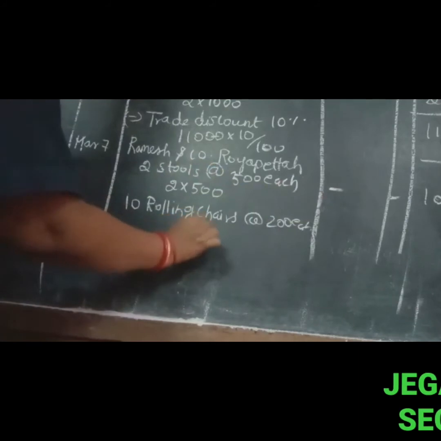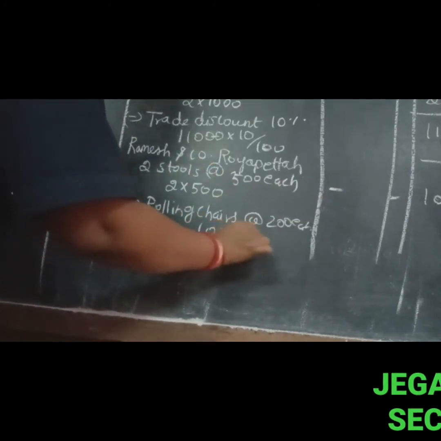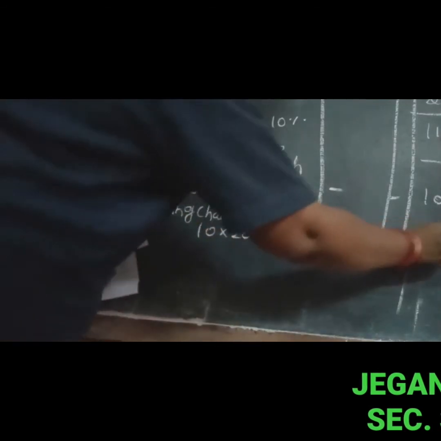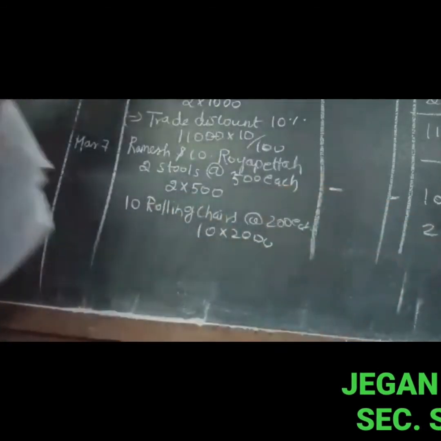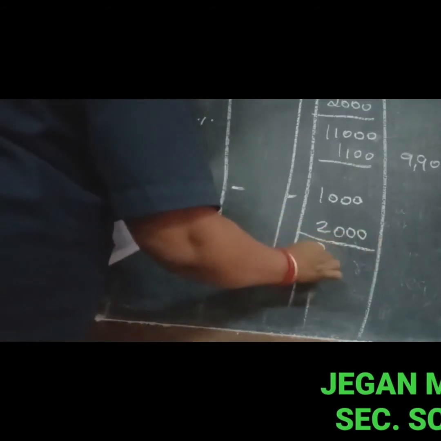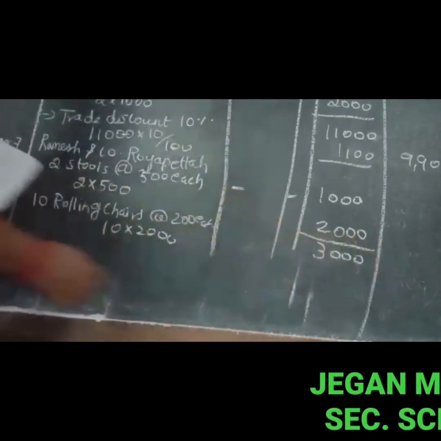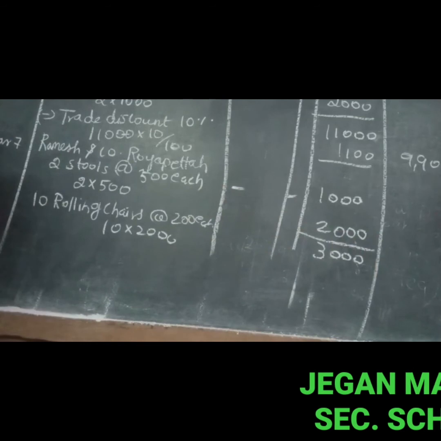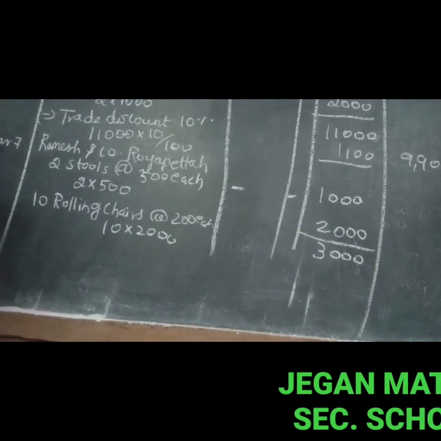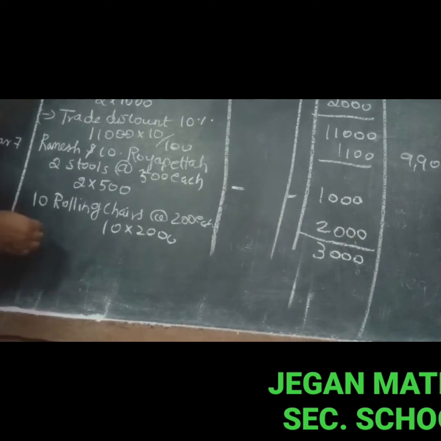So 10 into 200, answer 2,000 rupees. So 1,000 plus 2,000, 3,000. On March 7, delivery charges are added, 150 rupees. So you have to add the delivery charges.